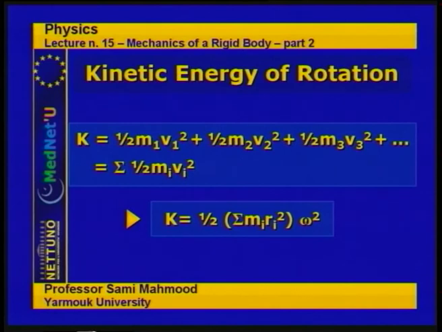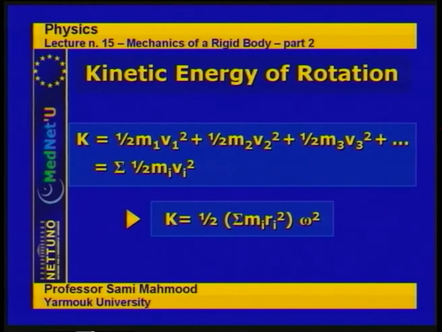And remember that v here in this formula is the tangential velocity, because every particle in the object is going around a circle, because we have pure rotation in consideration. So this is the kinetic energy. Just instead of having a simple 1/2 mv squared, we have a summation of 1/2 m_i v_i squared. And we remember that v changes from one particle to another, so we cannot do anything about this summation.